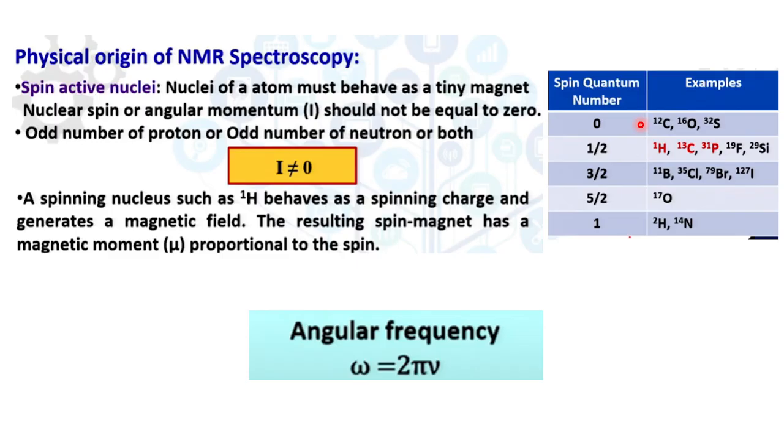Now the spin quantum number, why it is 0 or why it is half, depends on the number of unpaired electrons or protons. In the case of 1H and 13C, as I have already told, both have a single unpaired proton, that's why it is half. So basically that is S into S plus 1. If you solve that equation, where S is the number of unpaired electrons, you will get the spin quantum number.